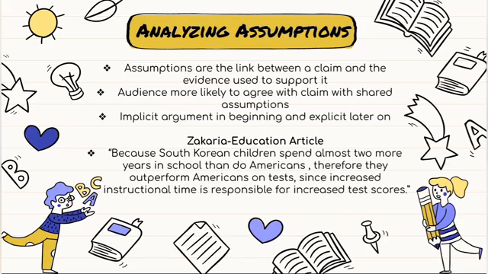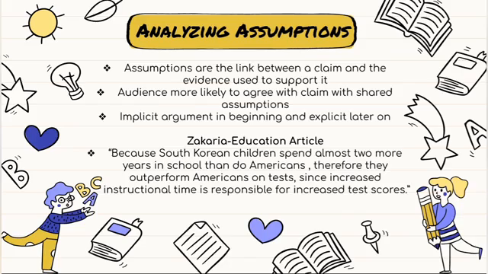So let's look at this example down here. The last part that we see here talks about increased instructional time being responsible for increased test scores. And this is an assumption made by the author, and it's debatable, and you can either agree with it or disagree with it by saying increased instructional time doesn't correlate at all with increased test scores.